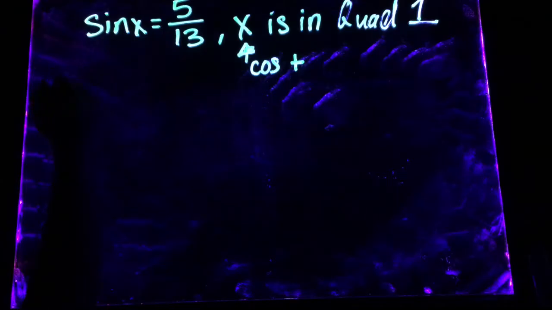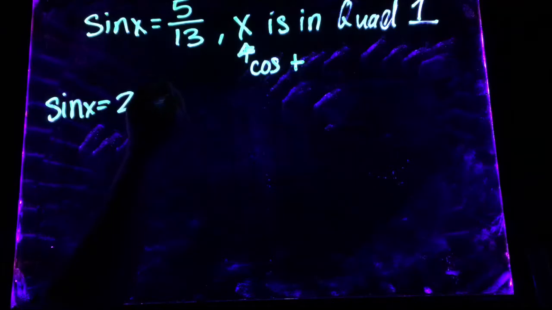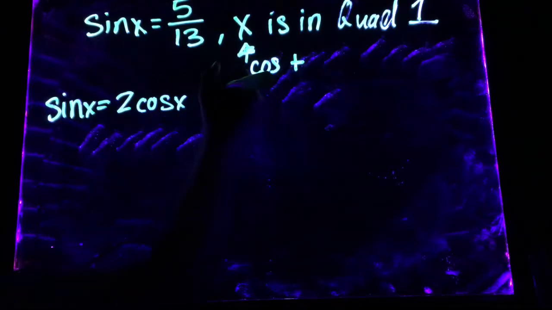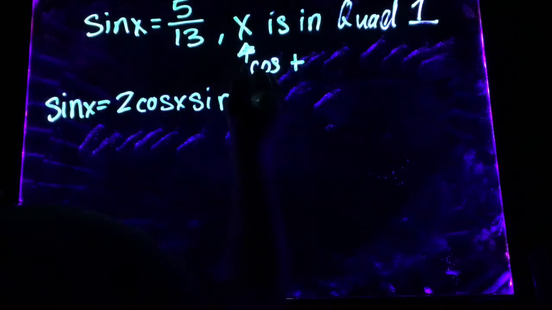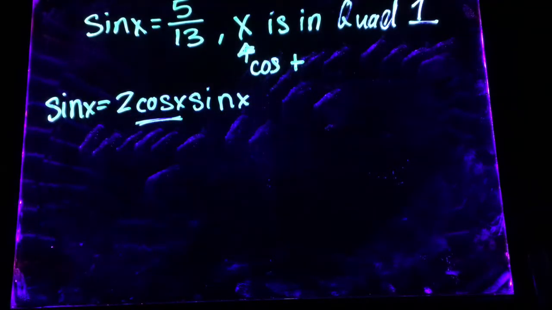Since our parent equation is sine 2x equals 2 cosine x sine x, to solve it, we need to have this cosine x also, because we only have sine right now.